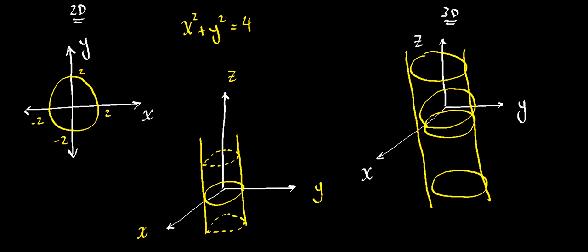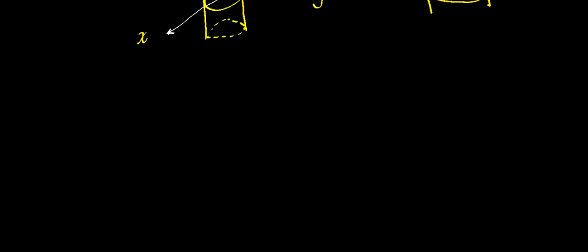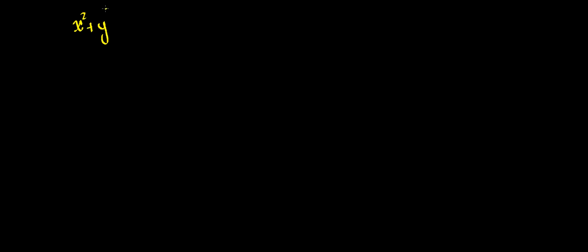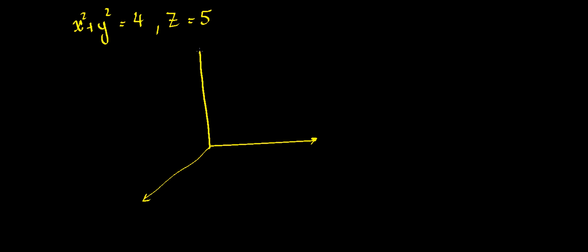Okay, now let's have another example. Let's say we want to sketch x squared plus y squared is equal to 4, and at the same time z is equal to 5. Well, unlike the previous example, we're restricted here. z has to be equal to 5. z cannot take any value, it has to be 5.